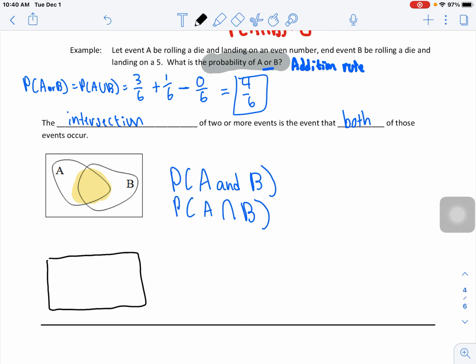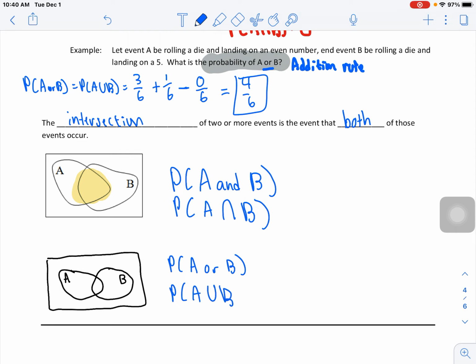Maybe I'll draw this right next to it so you can see it side by side. I'm just drawing the same picture, but if I did A and B again, but then this time I asked you, not the probability that both A and B happen, but if I said, hey, what's the probability of A or B happening?